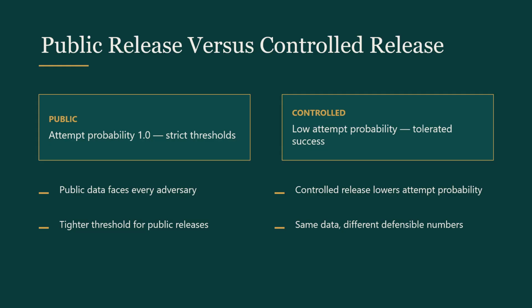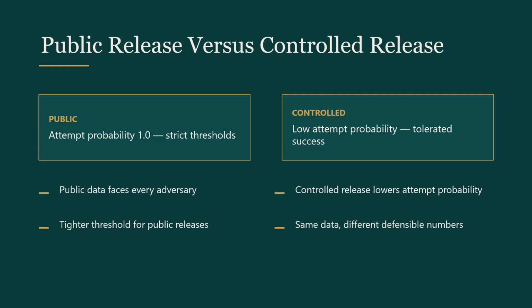There, you must assume the attempt probability is 1.0. Every adversary model is live, every auxiliary dataset is in play, and the environmental levers are gone. That is why the public precedents are the strict ones. Maximum risk of 5 to 9%, class sizes of 11 or more, and every transformation doing heavy lifting.